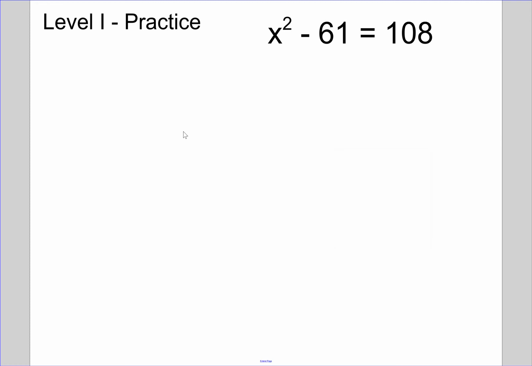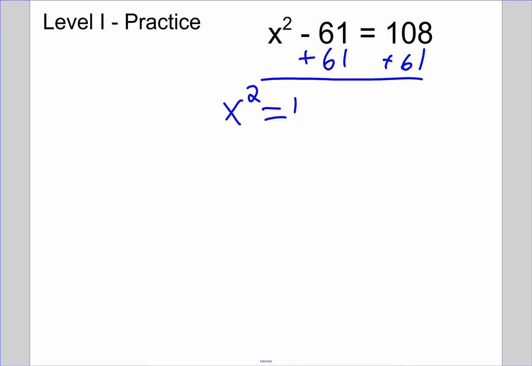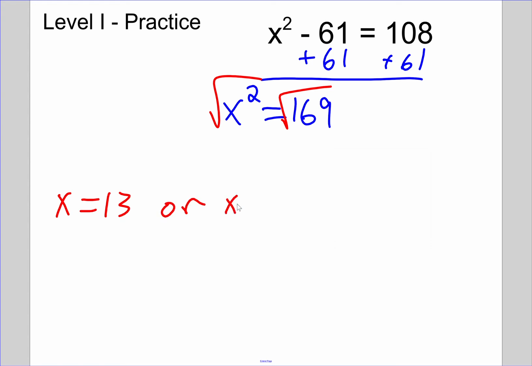Okay, so we'll go ahead and add 61 to both sides, giving us x squared equals 169. Again, something we can solve simply by taking the square root. And so we get x equals 13 or x equals negative 13.